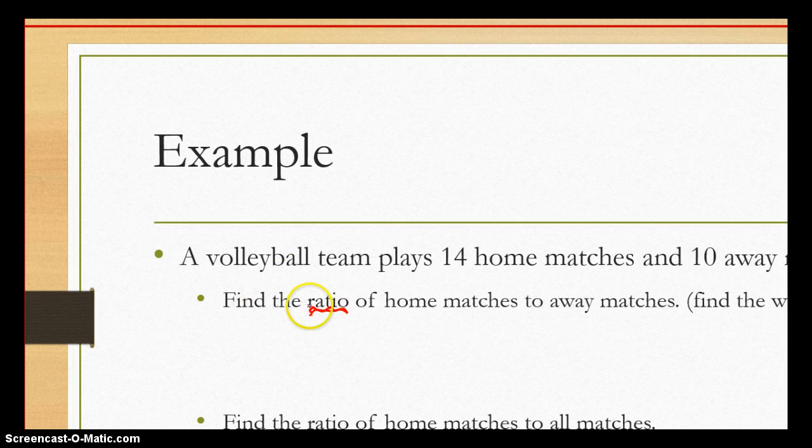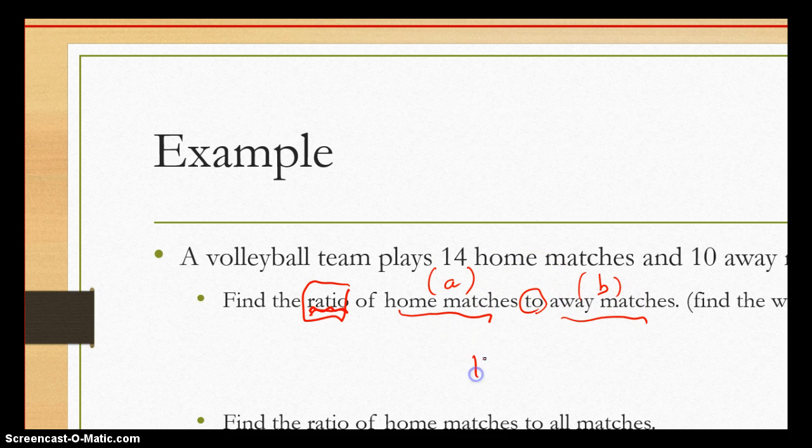So we know we're going to write a ratio of home matches to away matches. If we go back, this would be our A and this would be our B. So home matches to away matches.